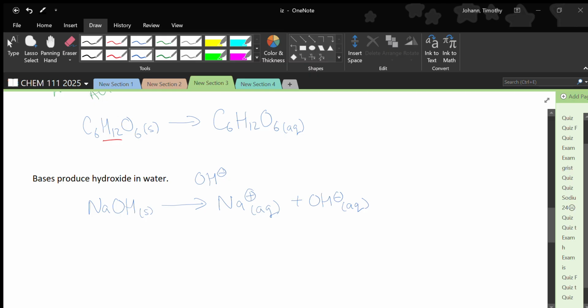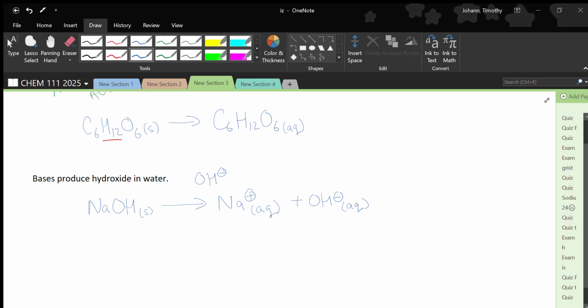How from my solubility rules do I know that it does this? This is the easiest solubility rule on that table to remember. It's an alkali metal, the left-hand column. Everything in the left-hand column is soluble in water.